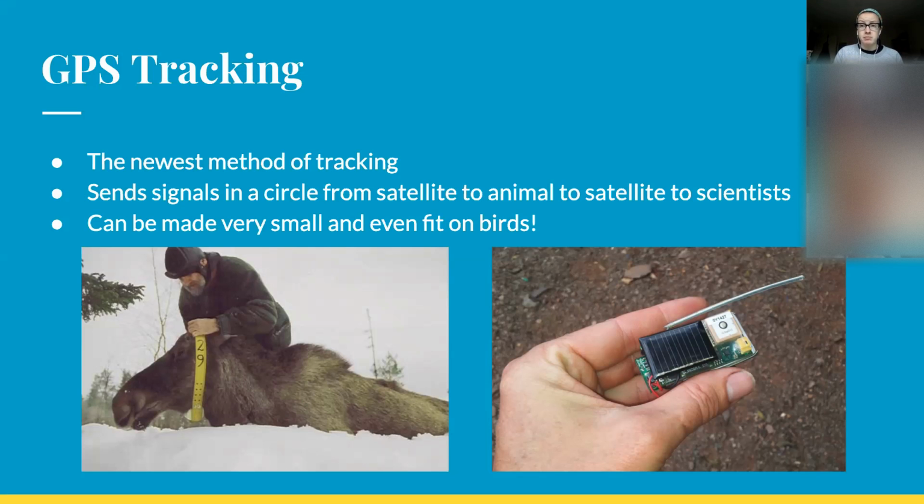One way they can make them smaller is by reducing the size of the battery that they need. And if you can get rid of the battery altogether, then it's even lighter. In this picture on the right, you can see there's a solar panel on there. So it's actually using power and energy from the sun to keep that unit going. And then it can be smaller, and it can go on other animals that are smaller or can't hold as much weight.